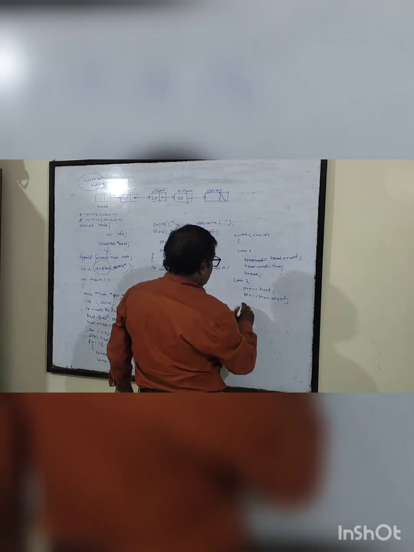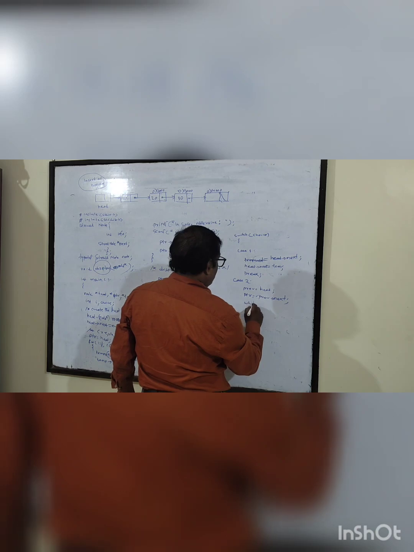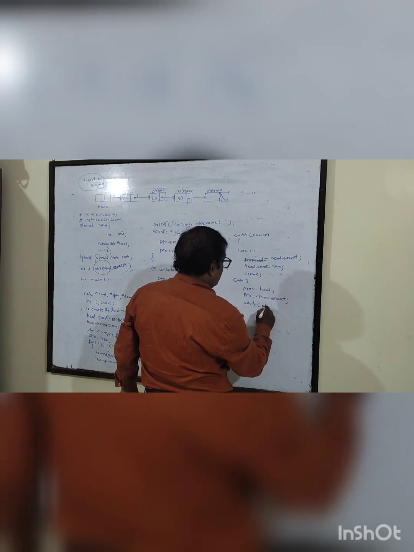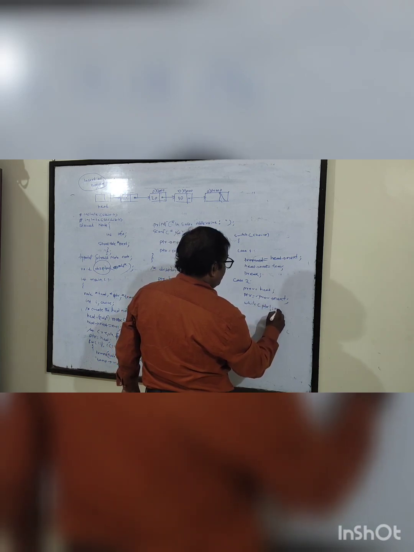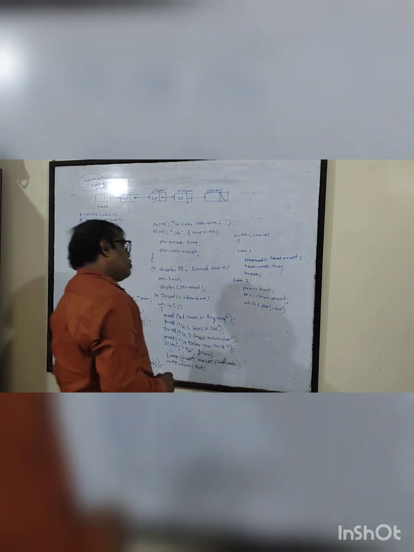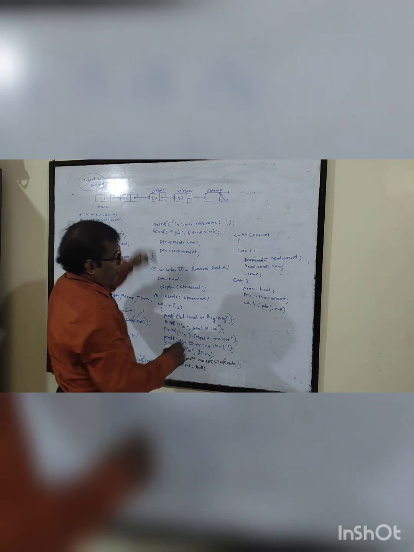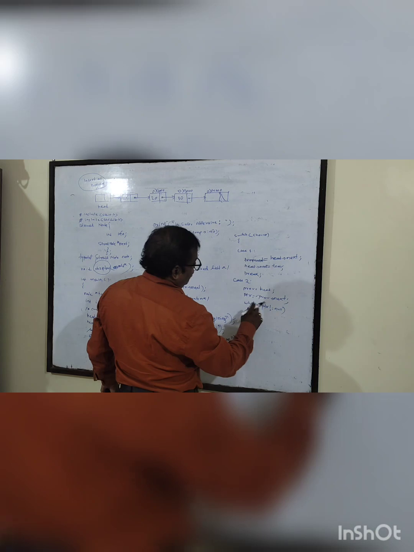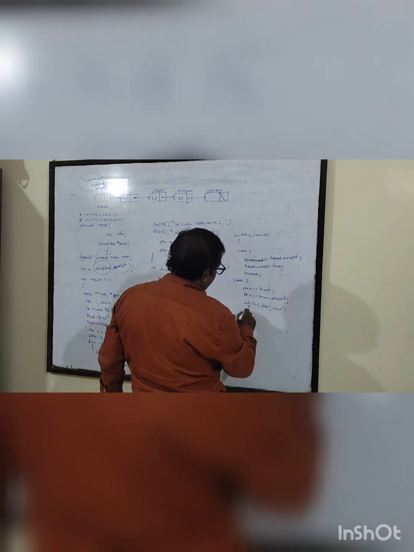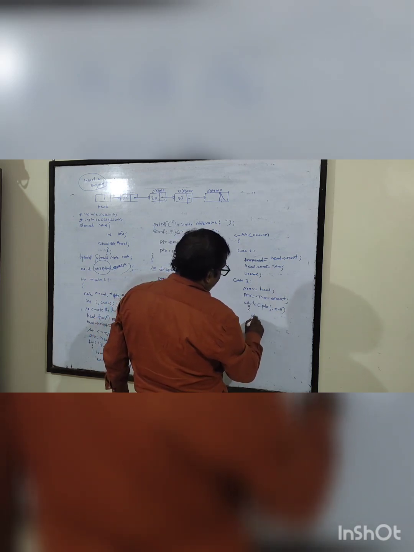Now while PTR not equal to null, because I will be searching each and every time, I will go ahead. So what will we write in the block here? Write here PTR.